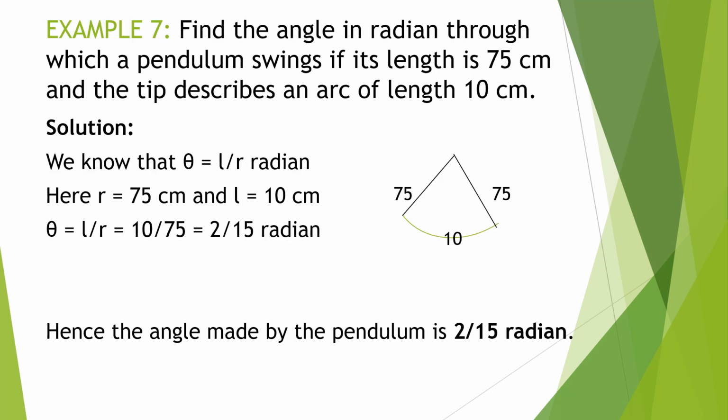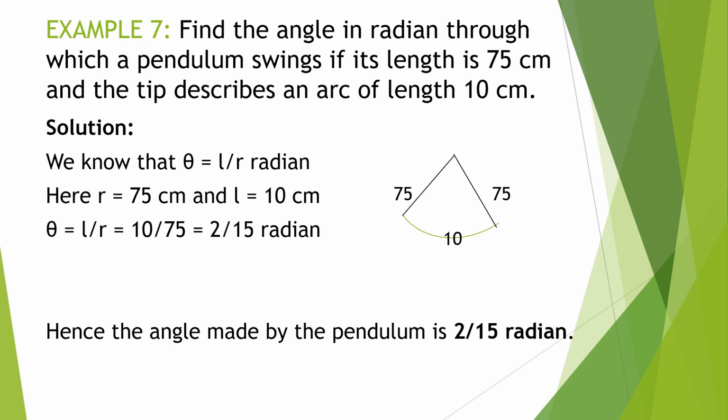Example 7. Find the angle in radian through which a pendulum swings if its length is 75 cm and the tip describes an arc of length 10 cm. See, I have drawn how the pendulum will swing. It is given that it makes an arc of length 10 cm. Length of the arc L is 10 cm. We have to find the angle theta.